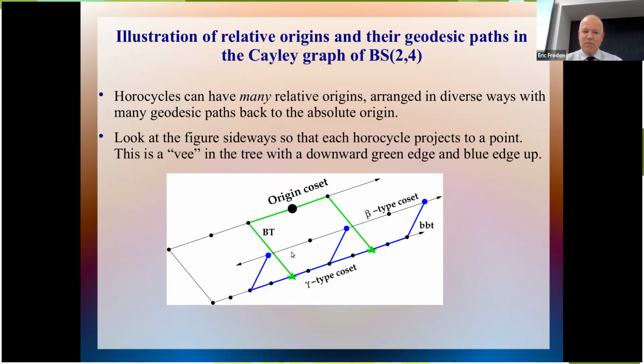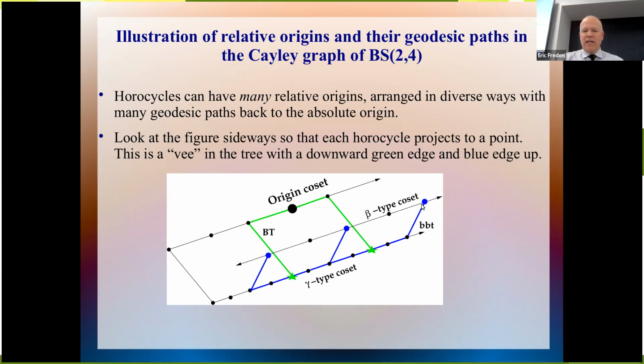That's the geodesic path. There's two of them. And these are both relative origins. Two words. You're supposed to think of this as a V shape. If you look at this sideways as a V shaped thing, the green edge is going down, forming one side of the V. Blue edge coming up. If I do another offset go up, now I've got three.